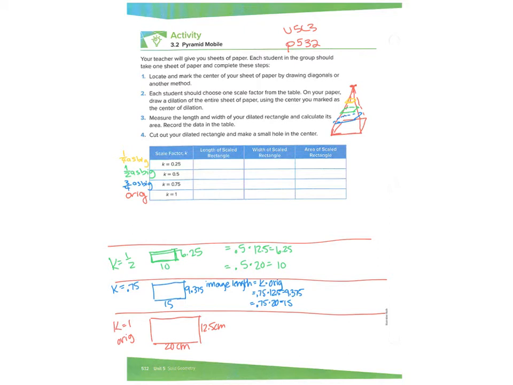So let's keep going with my yellow one. My scale factor is 1/4. It's 1/4 as big. And so I've got my little yellow one towards the top of my rectangular pyramid. And when I take my scale factor times my width of 12.5, and I take my scale factor times my length of 20, I come up with 3.125 and 5.